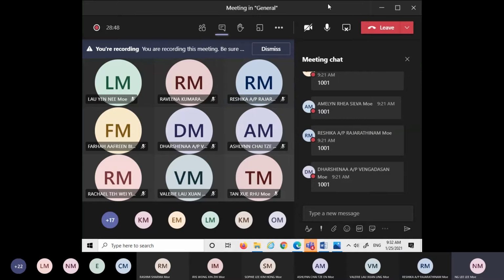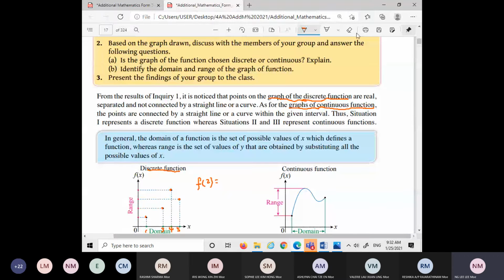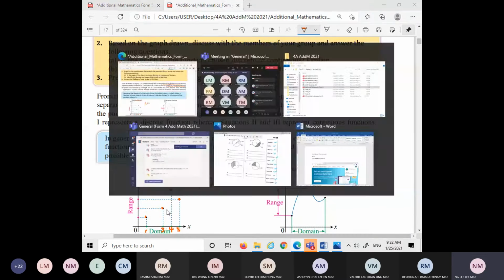Just now, discrete function, f(2). If I label here, this x value is 1, this is 3, this is 4, this is 5. There is no 2 here. So what is f(2)? You can type in the chat room.